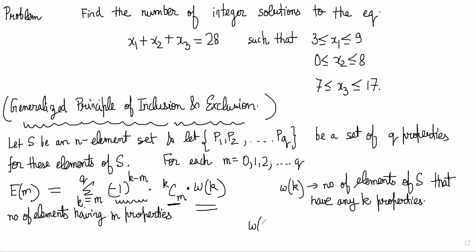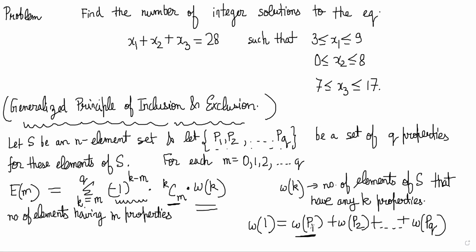So W1, for example, would be elements having property 1, any one property out of this set of properties, right? So W1 would be W of P1 plus W of P2 plus so on till W of Pq, where we are counting how many elements have P1 property, how many elements have P2 property, and so on till Pq, right? So that gives us the total possibilities of how many elements have only one property from this set, right?